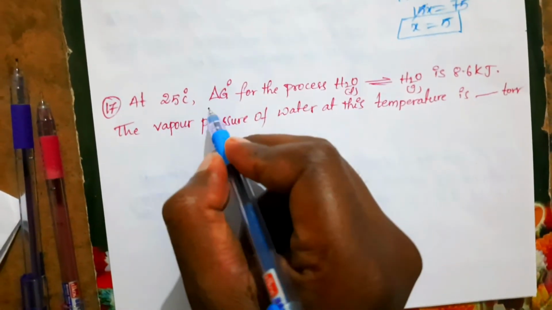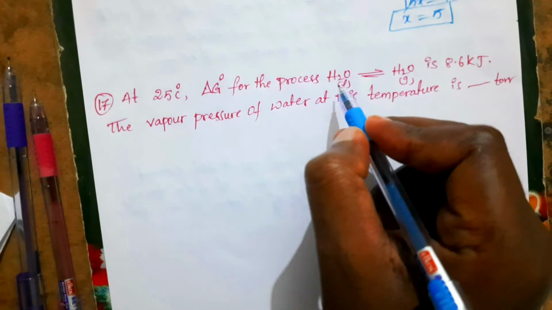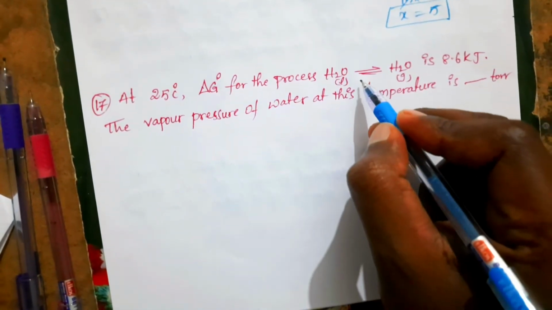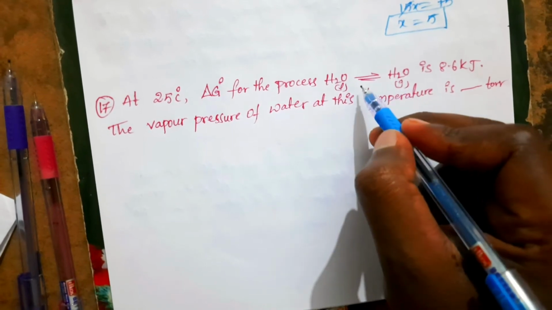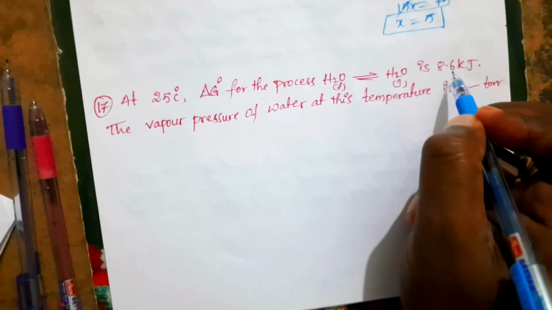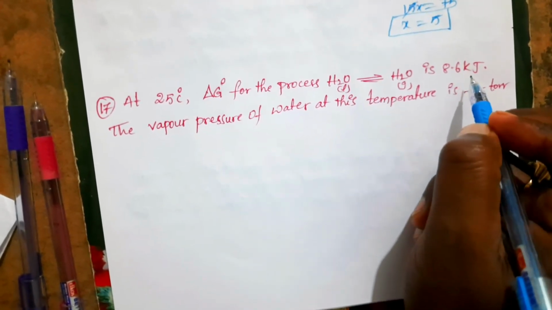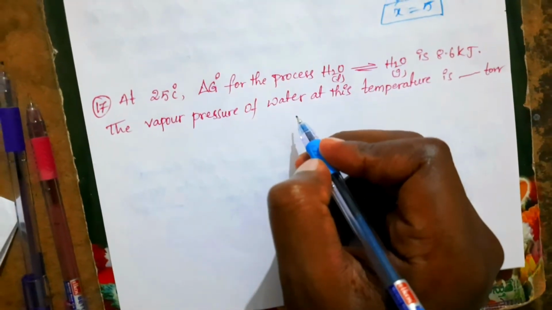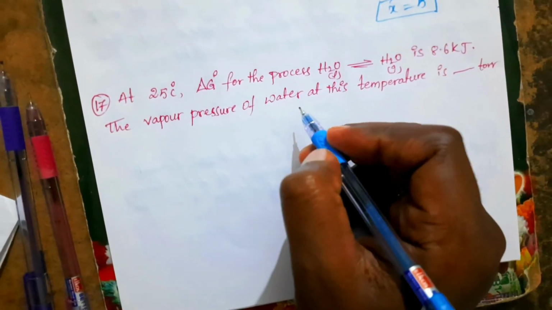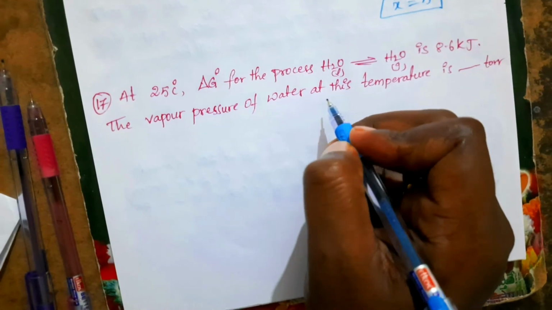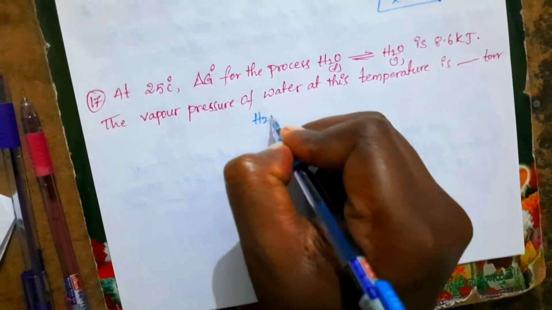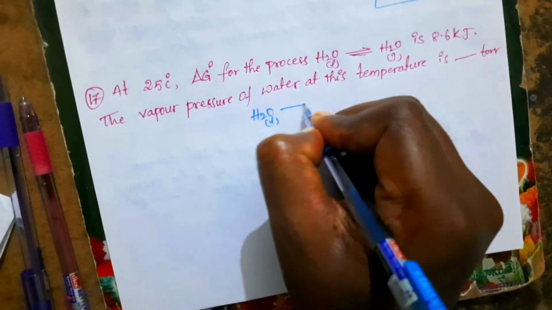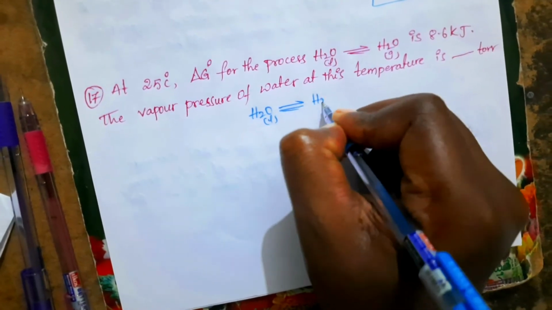Now at 25 degrees Celsius, delta G naught for this process, liquid water changing to gaseous water, that is vaporization, is given as 8.6 kilojoules. They are asking what is the vapor pressure of water at this temperature. Now for this reaction, H2O in liquid state changes to H2O in gaseous state.